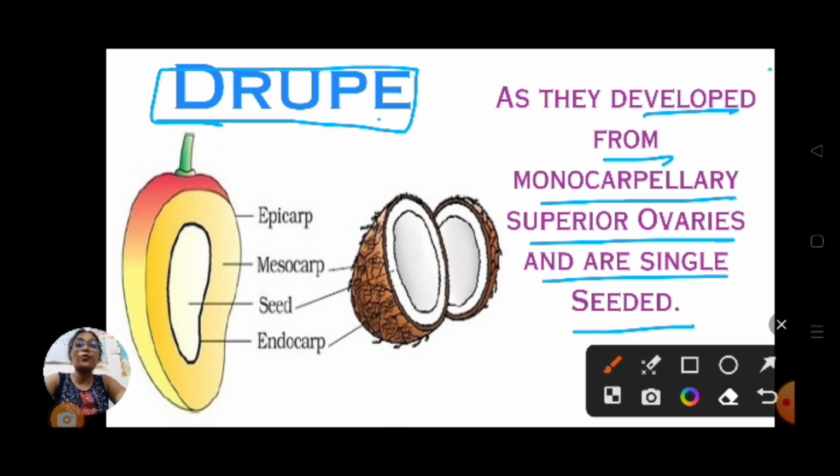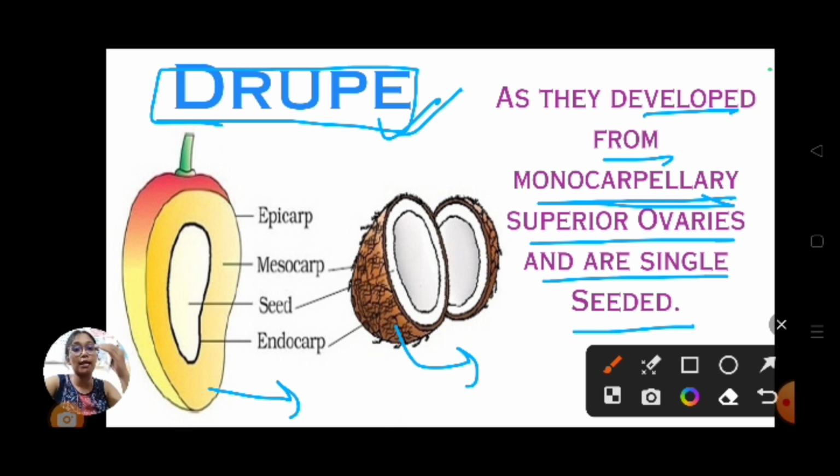Mangoes and coconut are specially called drupes. Why? Because they develop from a monocarpellary ovary, meaning a single carpel. Carpel means the female reproductive part, which has stigma, style and ovary. So one carpel will be there.